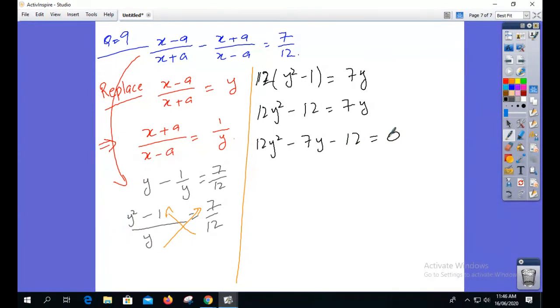Factors. What will be the factors of this term? 12 into 12, we have 144. Any student can tell me the factor of this?